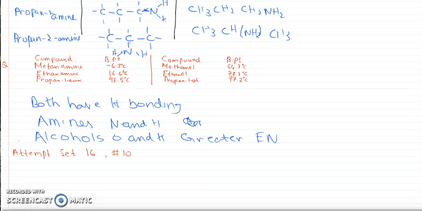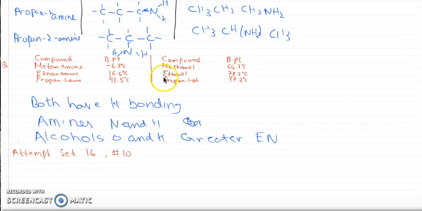Okay, so the answer to this question revolves around the strength of the hydrogen bonding. Both have hydrogens that are bonded to either nitrogen or oxygen, so it can't just be that one has hydrogen bonding and one doesn't. The only difference is that in the case of OH, the electronegativity difference is higher, and you can check that from the Pauling scale.